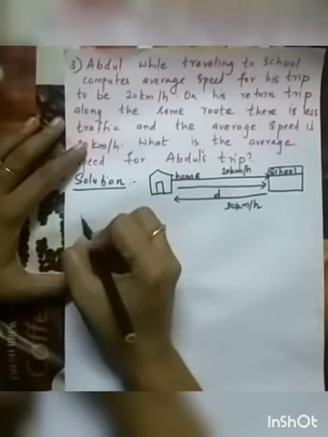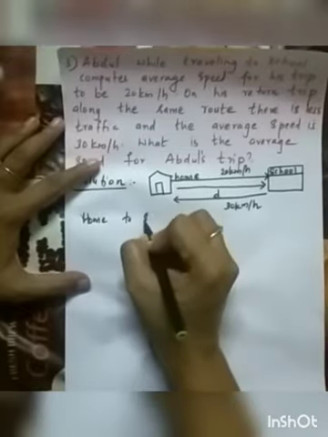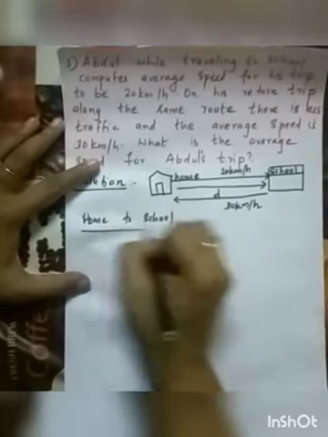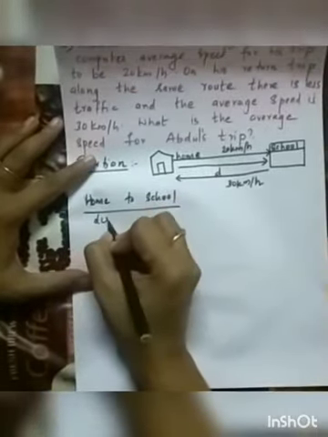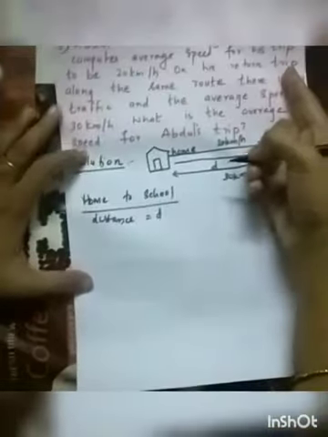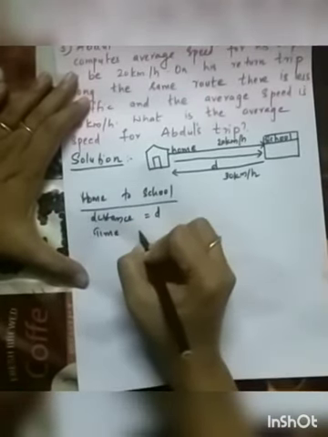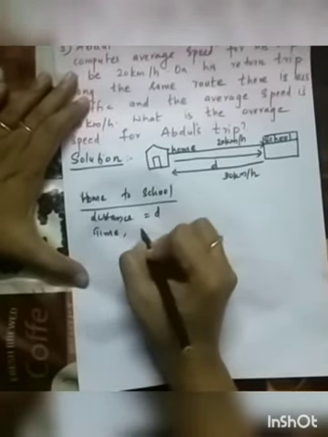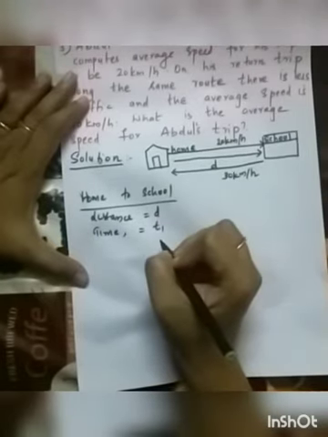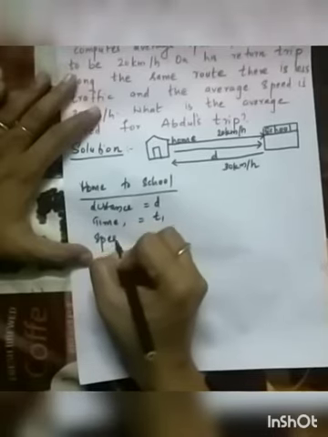So suppose in the trip from home to school, what is the distance? Distance traveled is d, and what is the time taken? Time taken we don't know, so let the time be t1. Then what is the speed for the journey?